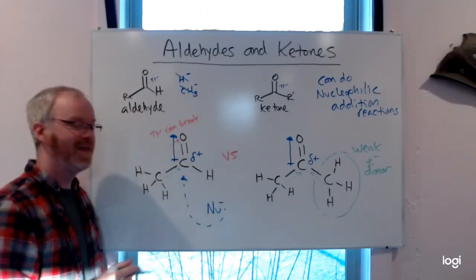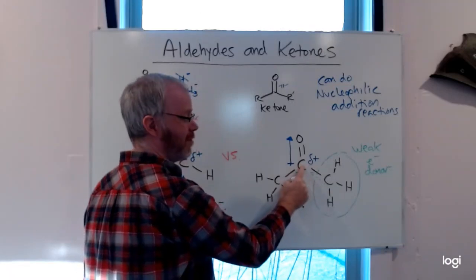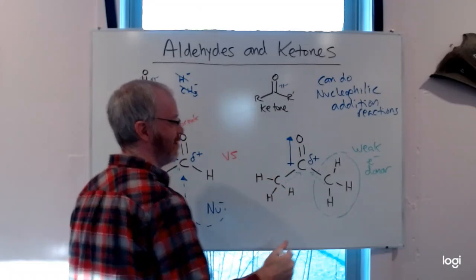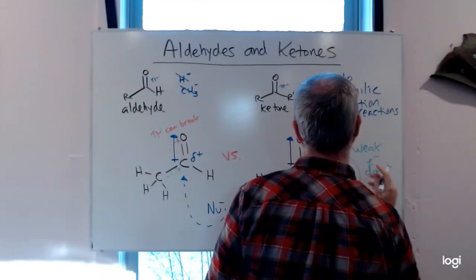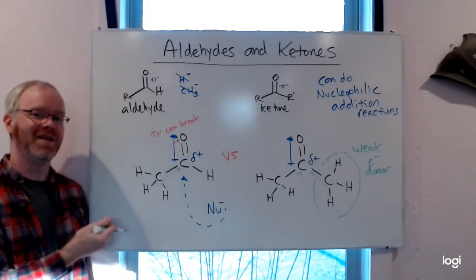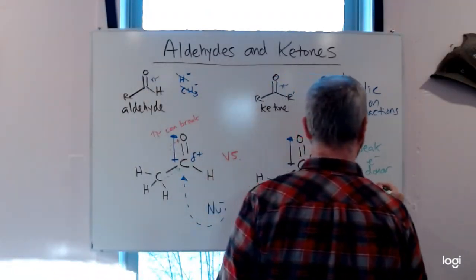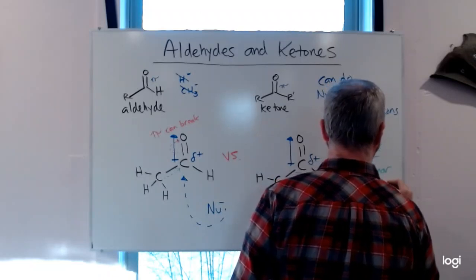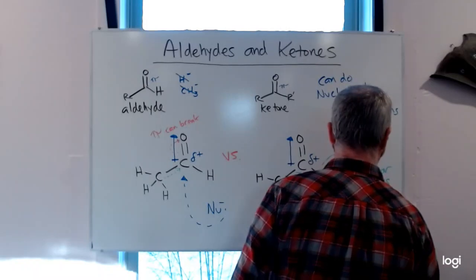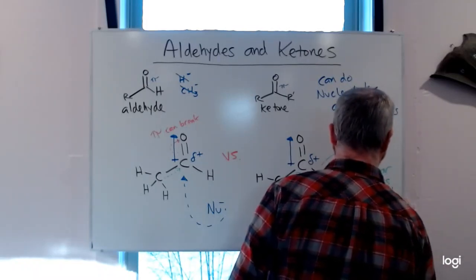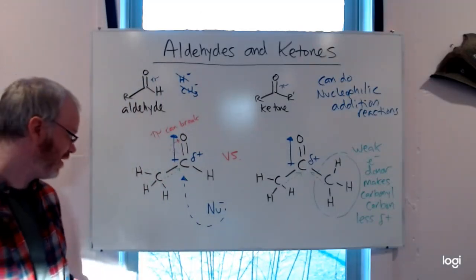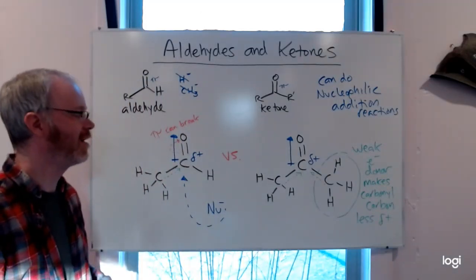That's going to add electrons to this carbon potentially, and that's going to make it less positive, right? So the weak electron donor is going to slow down the reaction because it's going to make the carbon less electrophilic. Right, it's sharing those electrons, but the more positive it is, the more reactive that's going to be.